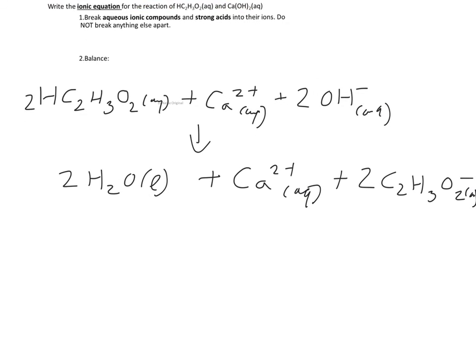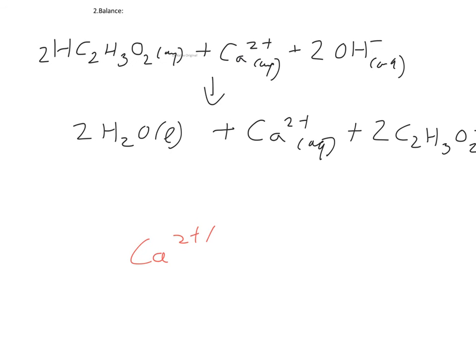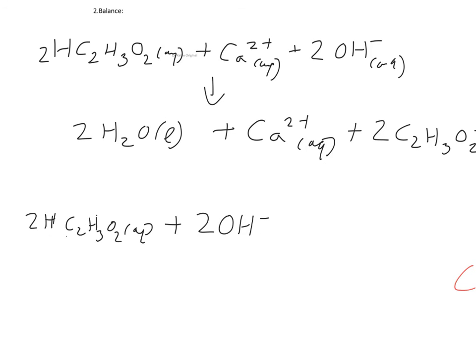If we were wanting to do the net equation, who's our only spectator? Calcium is the only spectator. So if we were to write the net ionic equation, bye-bye calcium, the balancing here is going to be a little bit fun.